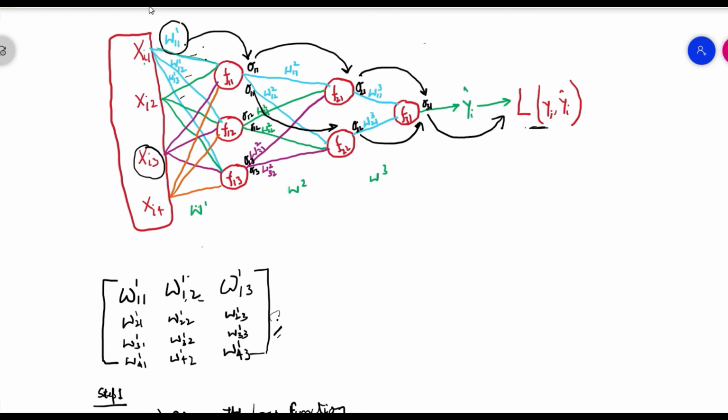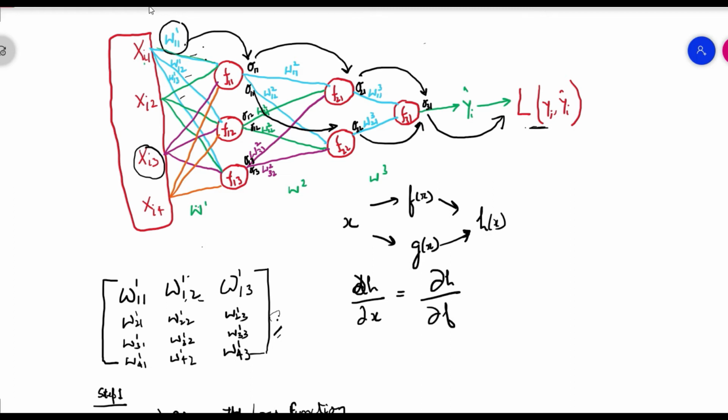So in differential calculus, if there is a function h(x) that is a combination of function f(x) and g(x), which in turn are functions of x, then the rate of change of h with respect to x is given as ∂h/∂f multiplied by ∂f/∂x plus ∂h/∂g into ∂g/∂x.